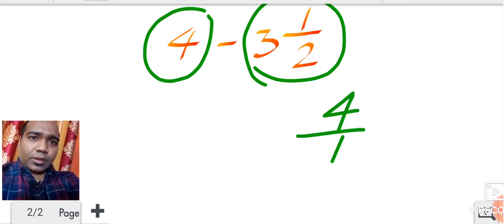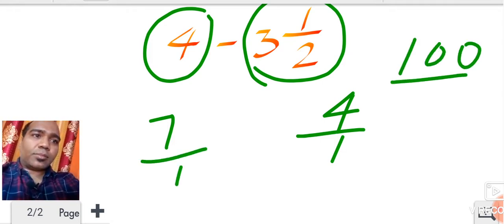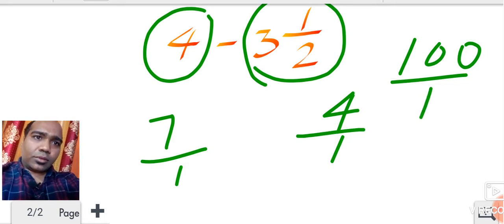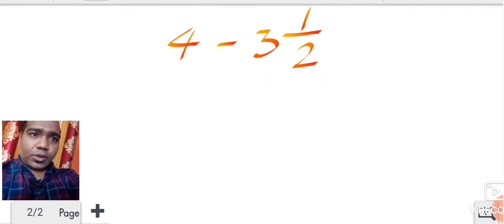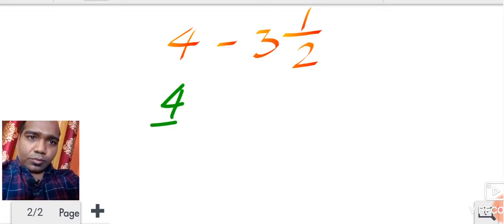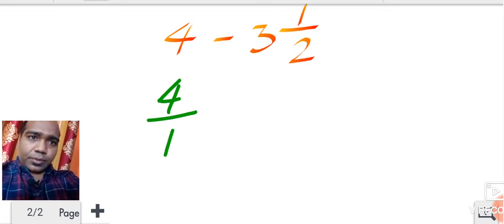If 7 is there, then 7 we can write as a fraction as 7 by 1. If 100 is there, then we can write it as the fraction 100 by 1. Okay, so 4 we write as a fraction as 4 by 1. Got it?